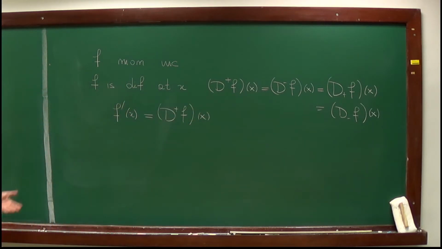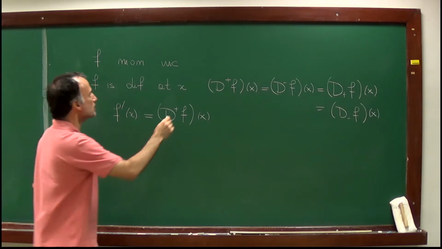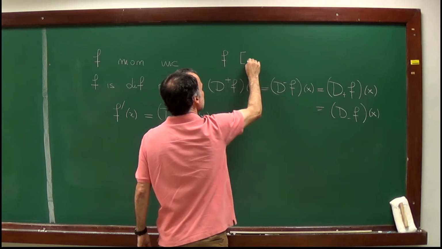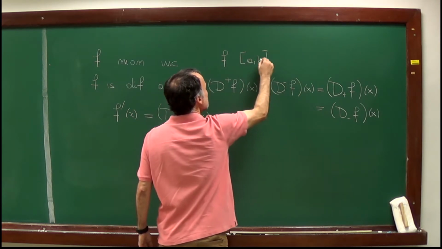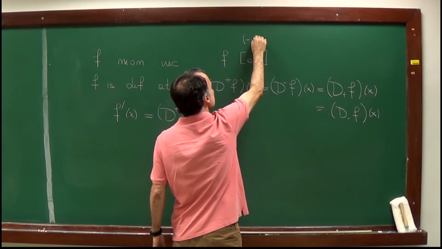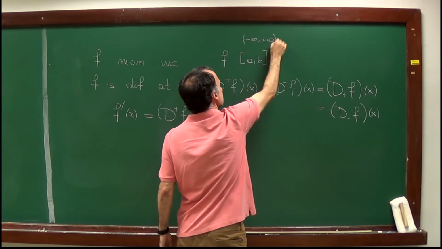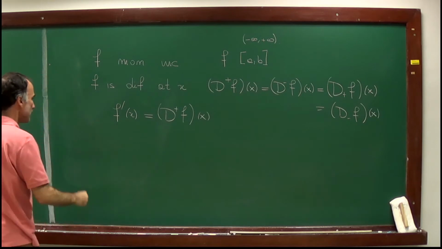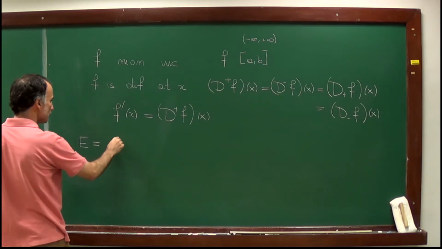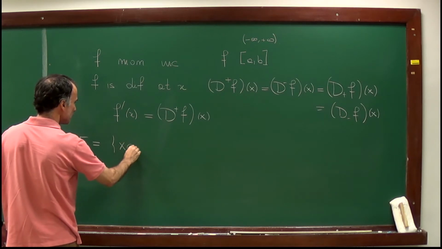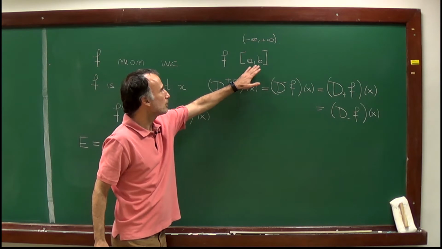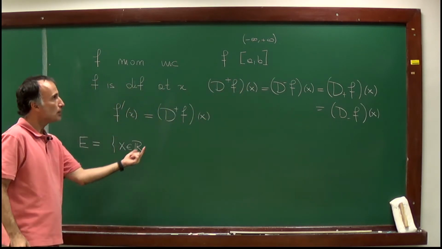All right, and now, so let's say that f is defined on some interval [a,b], which can be also minus infinity to plus infinity, I don't mind. And so let me define E as the set of points x in R. And here, well, if f is defined only in the interval [a,b], replace R by [a,b].